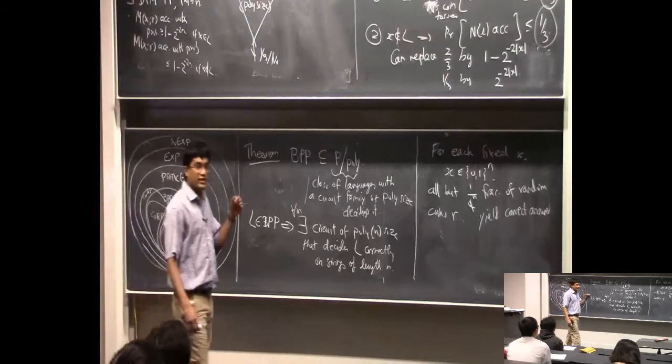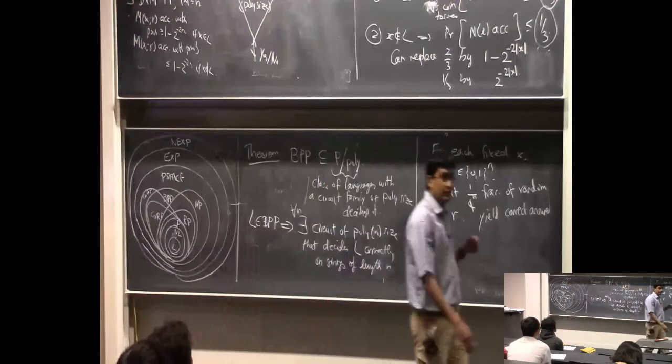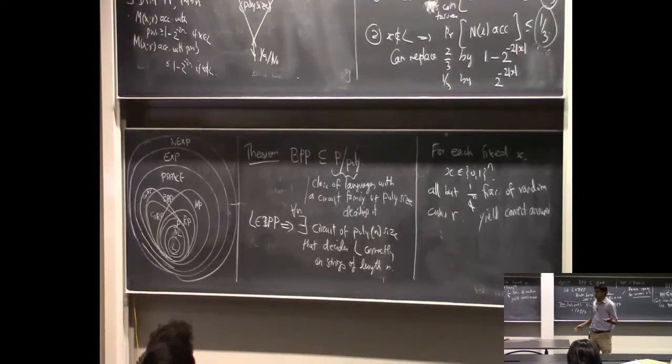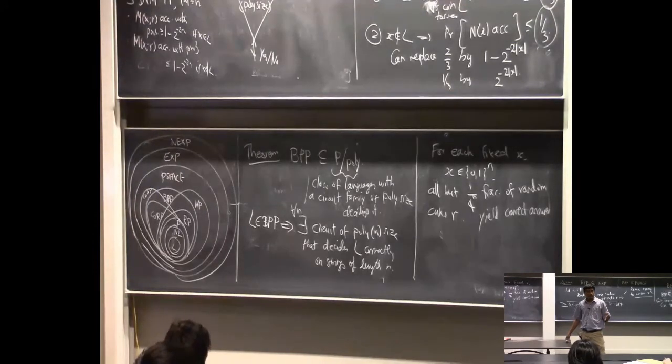So for each x, you have a 1/4 to the n fraction of R's which are bad. So how many R's can be bad for some x? Just counting, or the union bound in probability.